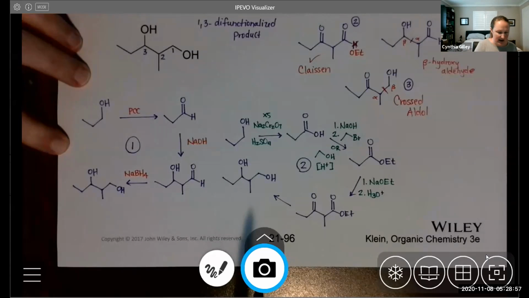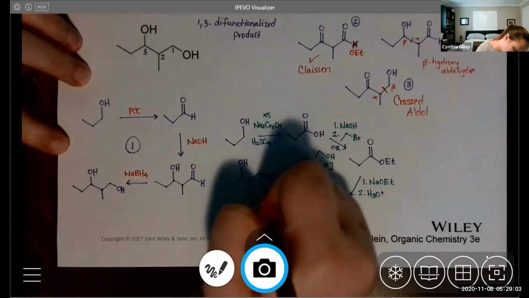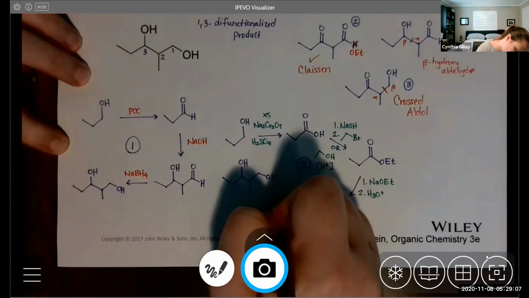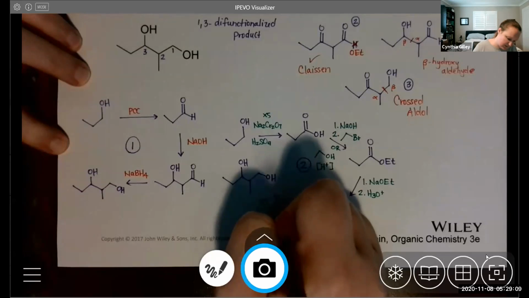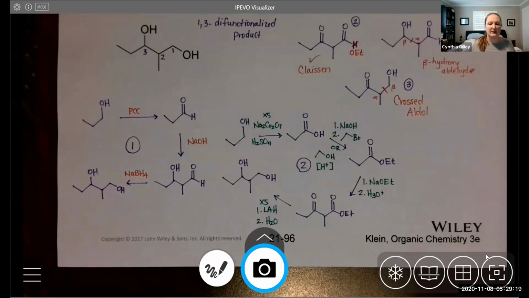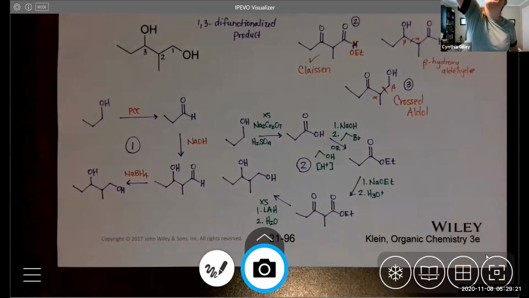However, to reduce an ester, we need lithium aluminum hydride. So it's best to just use excess lithium aluminum hydride in order to reduce both the ketone and the ester. Okay, so how about option number 3? Technically, that's a possibility as well.